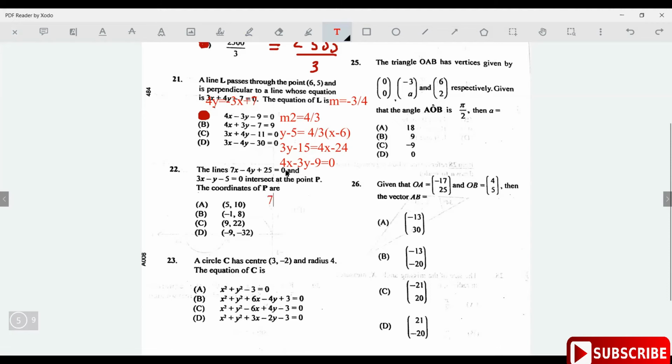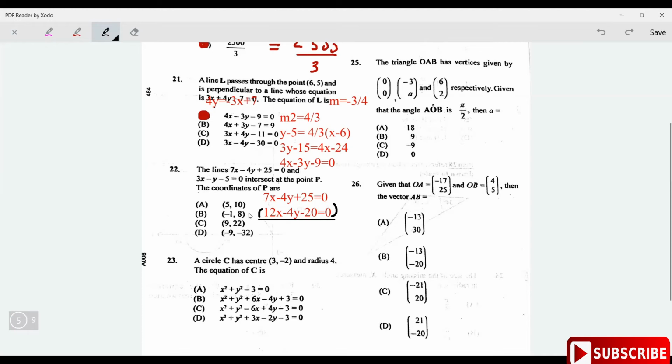We get 7x minus 4y plus 25 equals 0. Go down, multiply through by 4, we get 12x minus 4y minus 20 equals 0. So what can we do now? What we can do is subtract them.